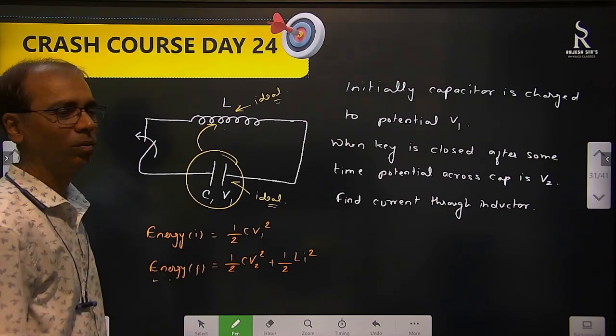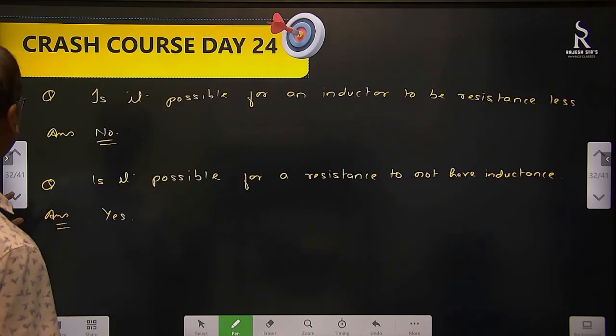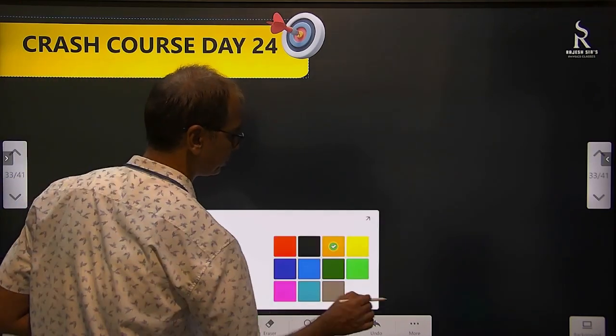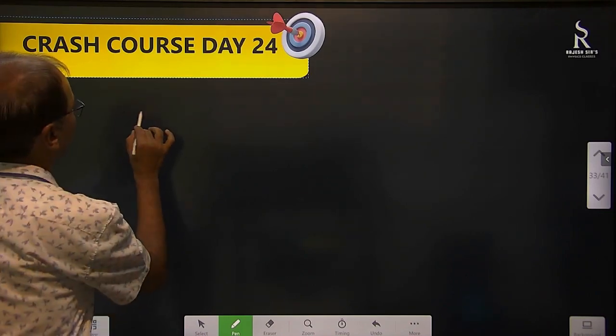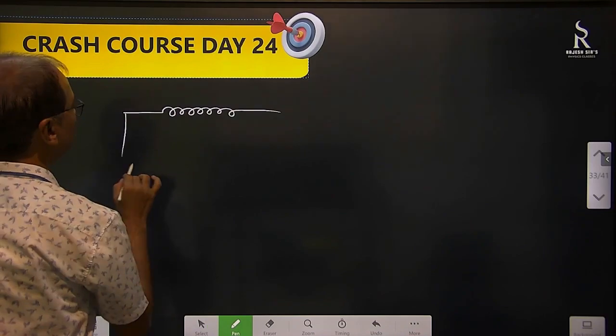Okay. Then what I was saying, that I will do one question in which I will give you resistance also along with the inductor. So suppose the question is like this. Here is an inductor. It's connected across a battery.